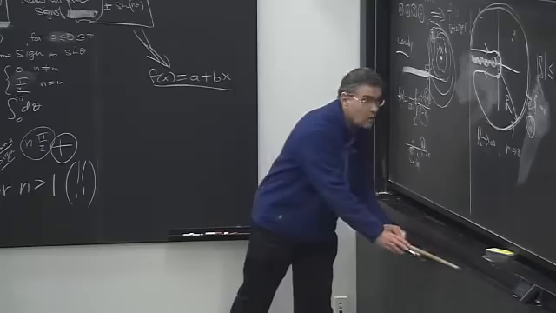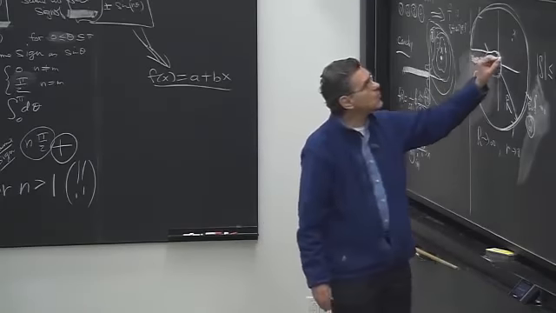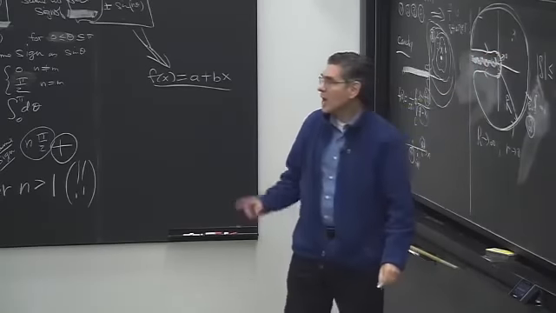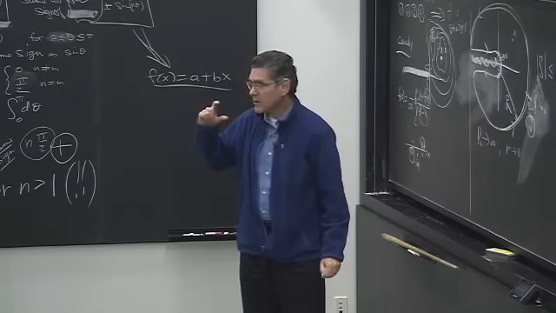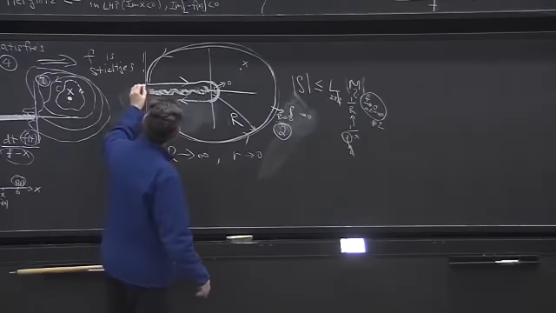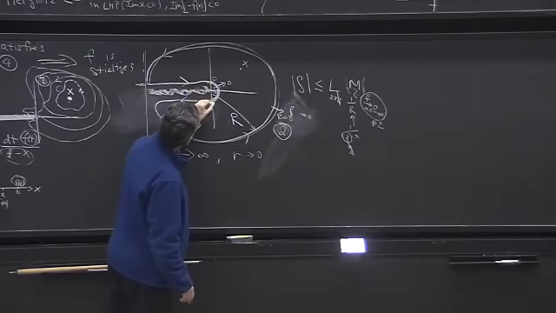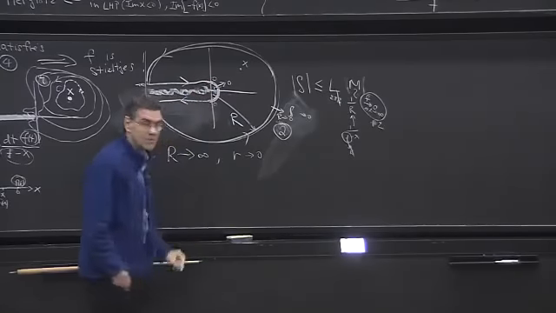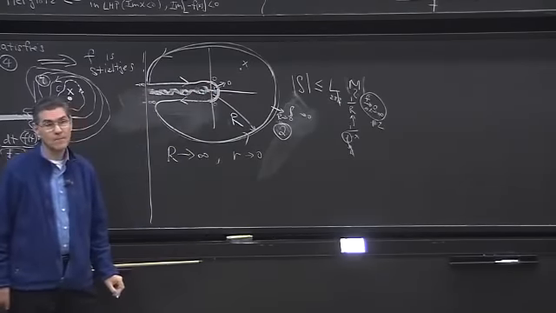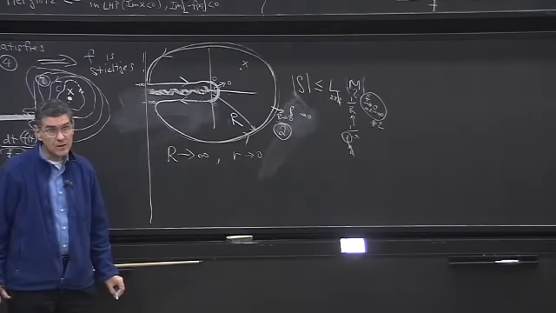So the integral along this part of the contour is going to 0. And all we're left with is an integral that goes from minus infinity up to 0, and then from 0 back to minus infinity. Got that? Does everybody see that?